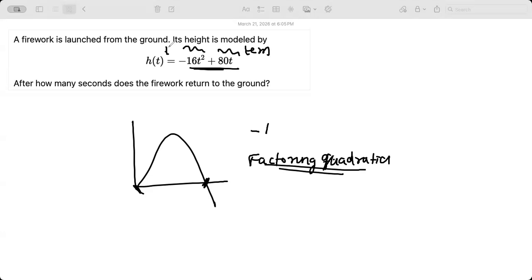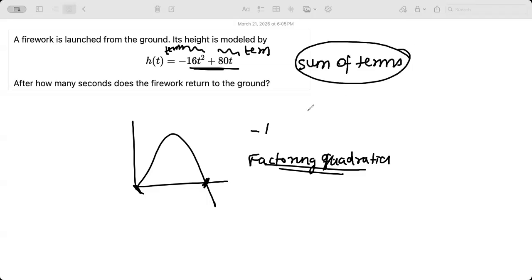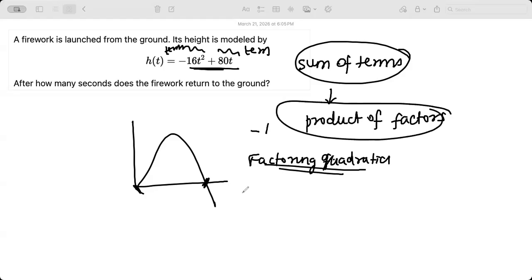Now you are given sum of terms, correct? That's a quadratic function, right? You have to change it to product of factors. Product of factors, meaning that sum you need to change it as product. That's all ma. You got it? Did you get it, Lasya?